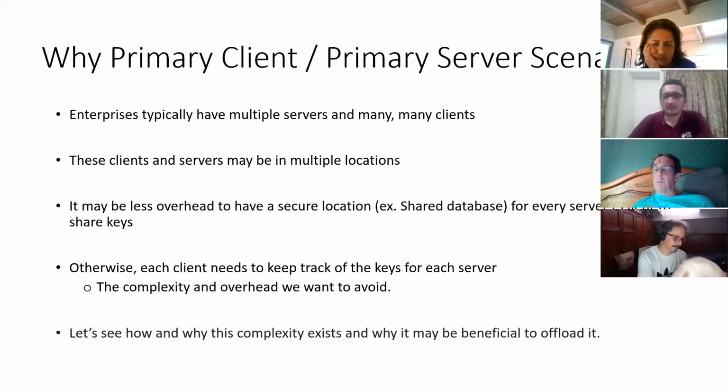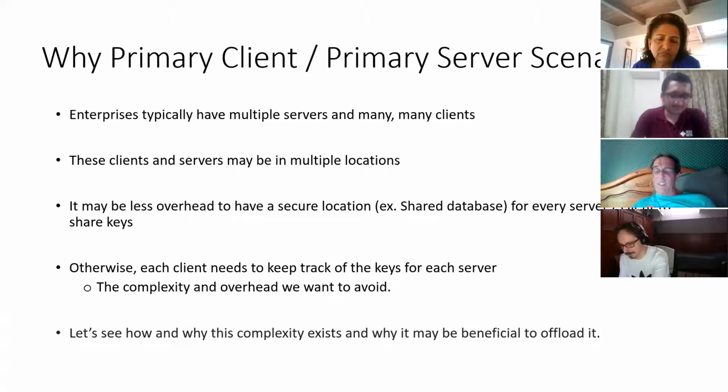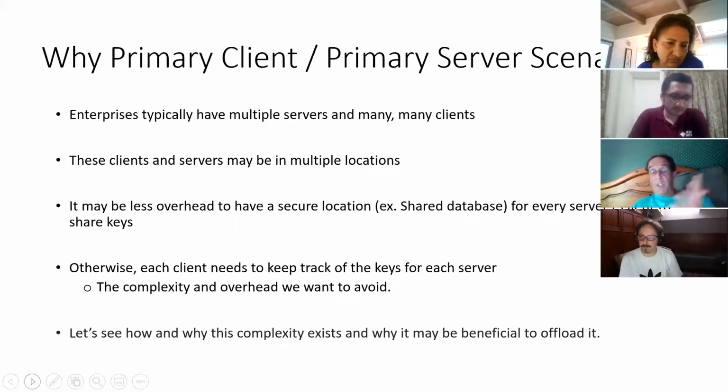If we can help out the clients especially, but the servers as well, that will offload the requirements into this infrastructure and off of our client and server tiers. And again, I think the issue is especially at the client tier. So is this a big deal? Let's see how and why this complexity exists and why it might be beneficial to offload it.